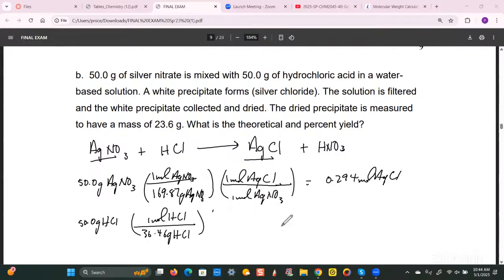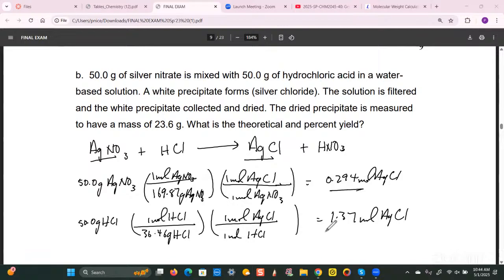And then we look at the mole ratio between the silver chloride and HCl, and again, it's 1 to 1. So 50 divided by 36.46. And then according to my calculation, this works out to be 1.37 moles of AgCl, right?